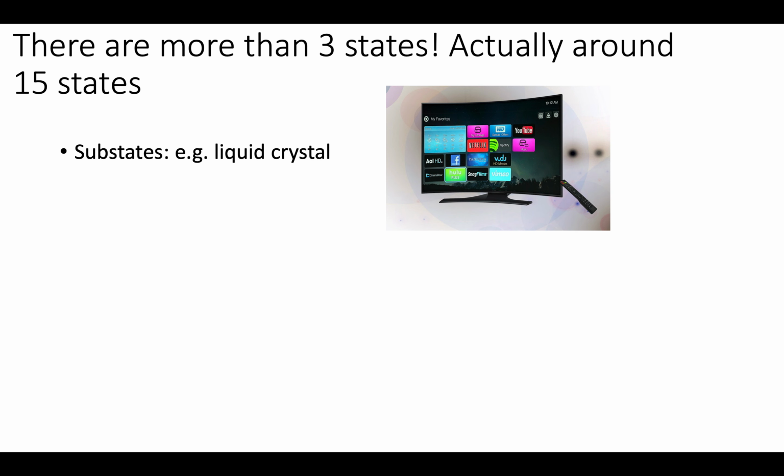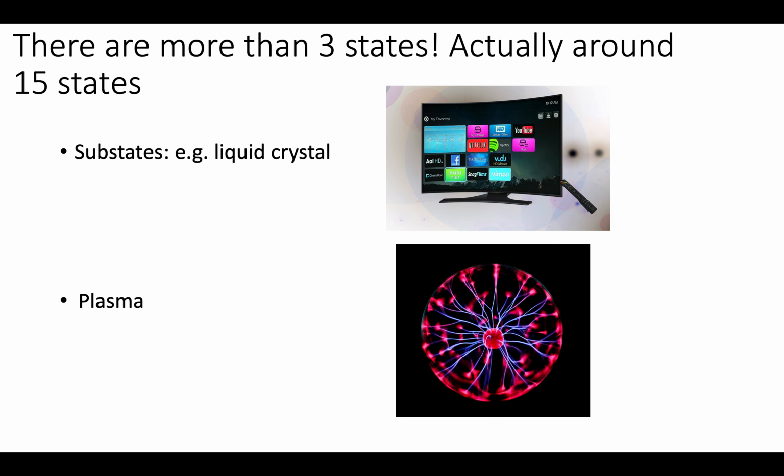For example, within the liquid state you can have liquid crystal, which is used in liquid crystal displays, more commonly in our TVs. Another group, completely different from solid, liquid, and gas, is plasma, which is just freely charged particles. You don't really need to know about this, but I find it very interesting and thought it would be cool to share.